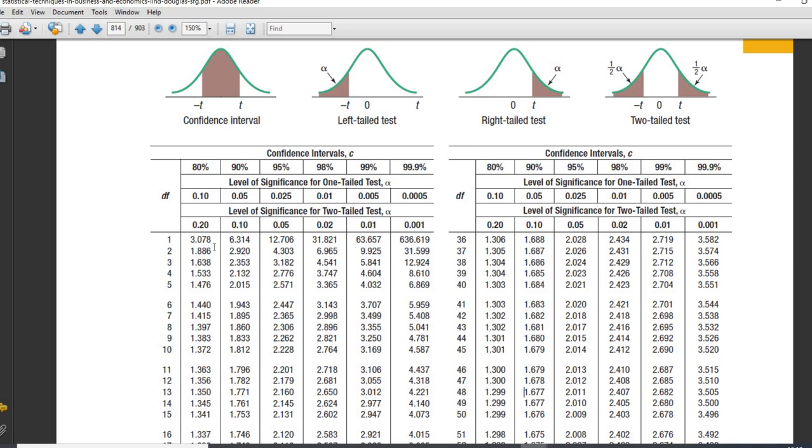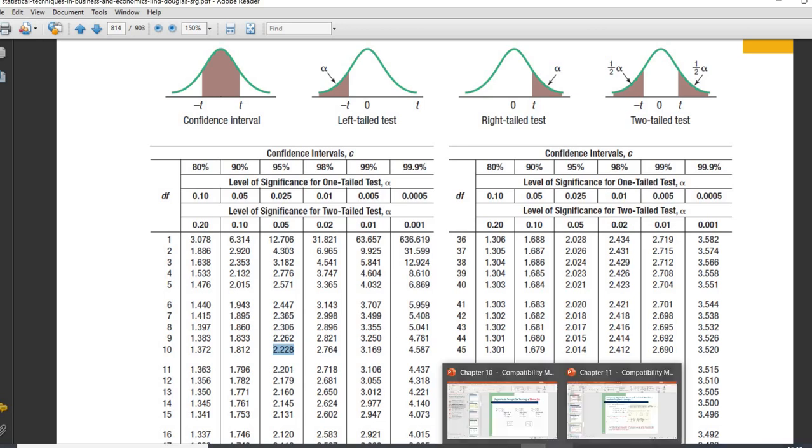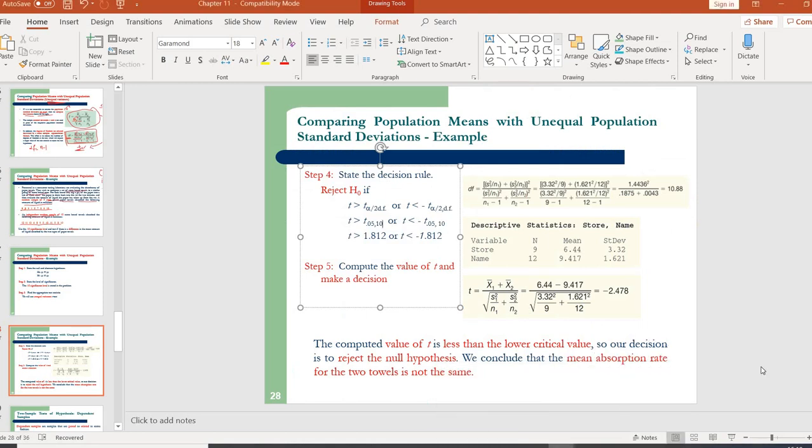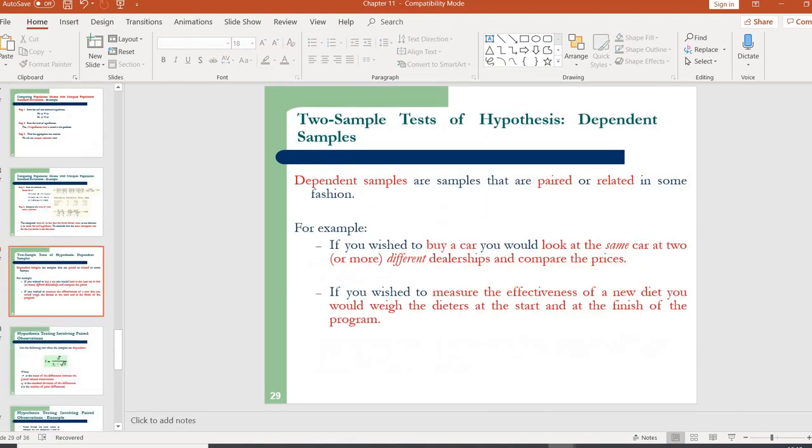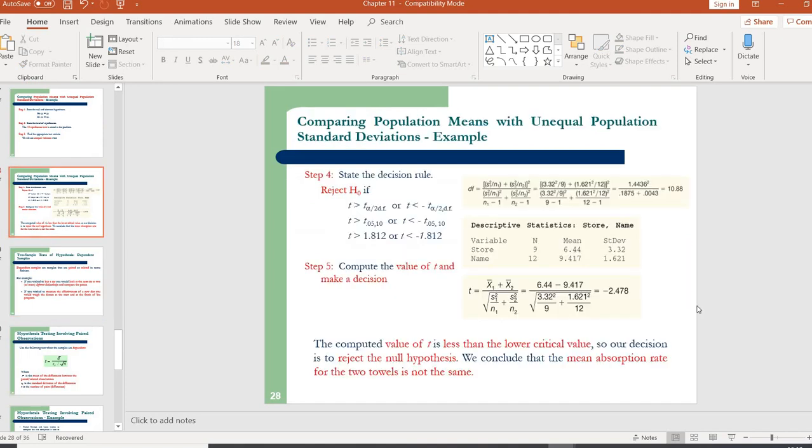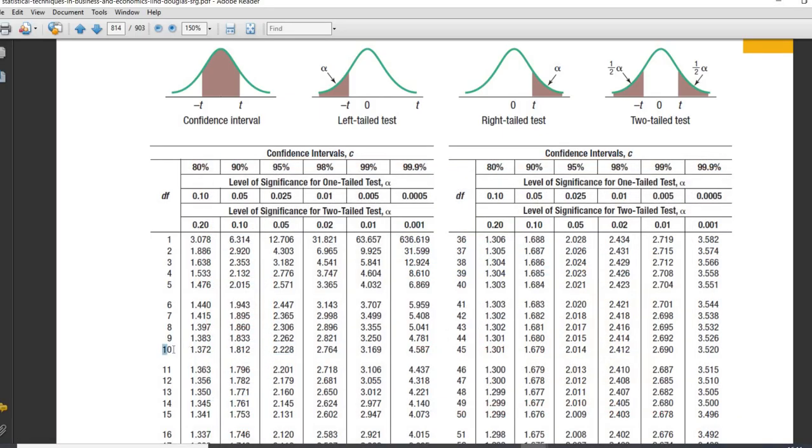So we have 10 degrees of freedom, and we look in the table at the level of significance for a one-tail test alpha. Yeah, here. So we have 0.05.